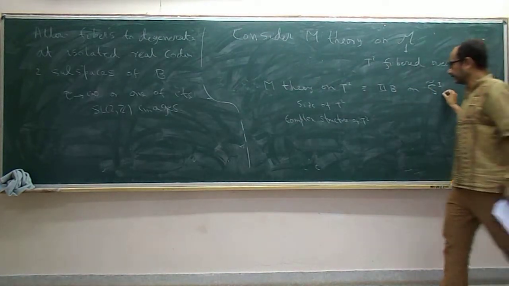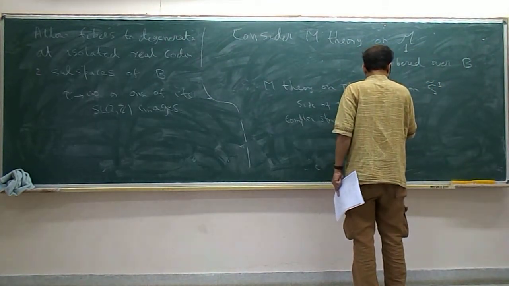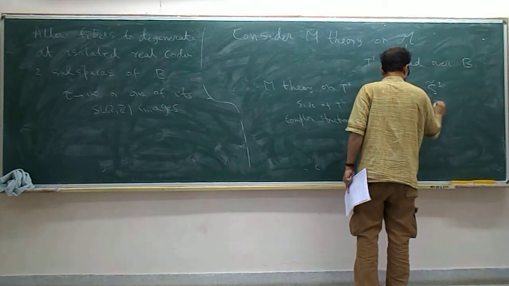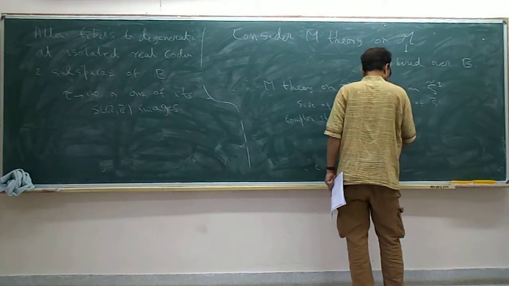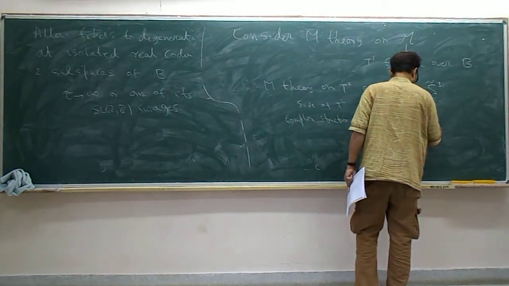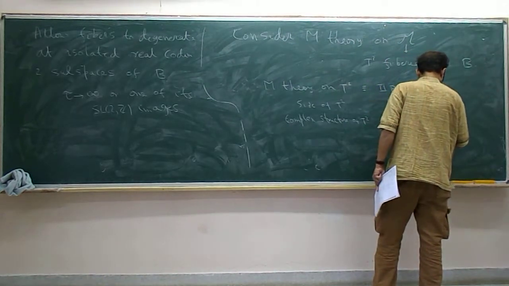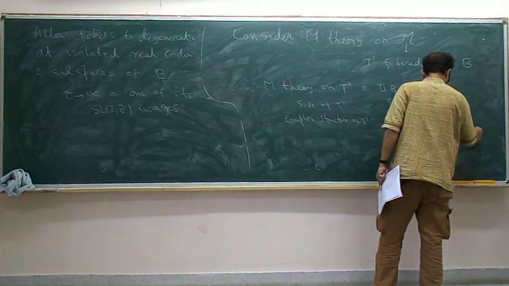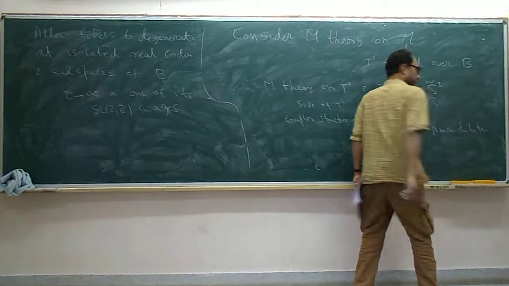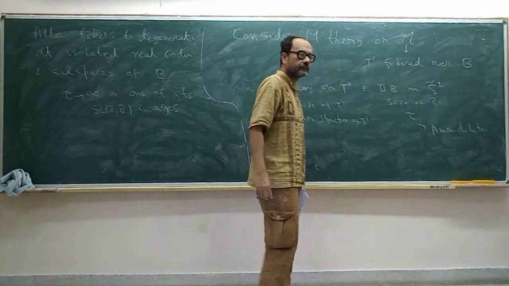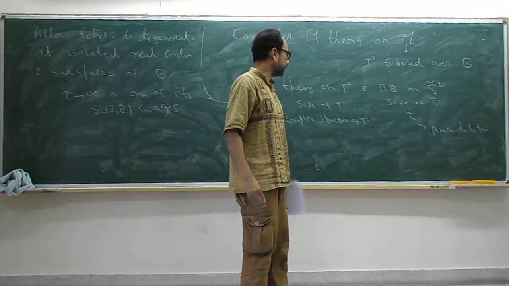On this side, it's the size of S1 tilde and tau, the axion-dilaton. Is this tau the same as the tau of the complex structure of T2? Yes, I am coming to that.